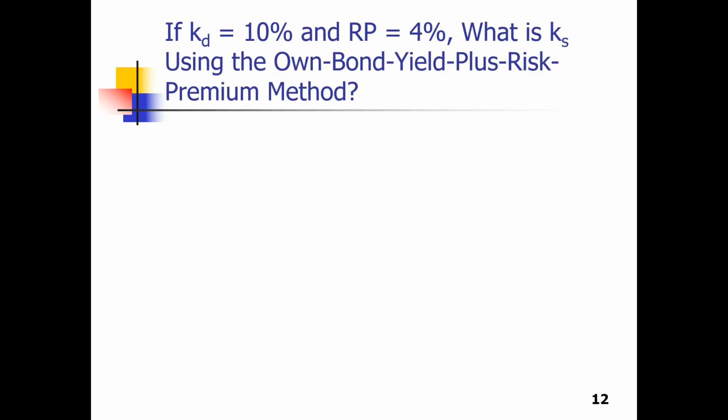If KD is 10%, which we calculated in this case, the cost of debt capital, and the risk premium is 4%, the premium is given to you here. This is how much more the equity of comparable firms in this industry costs than their debt.